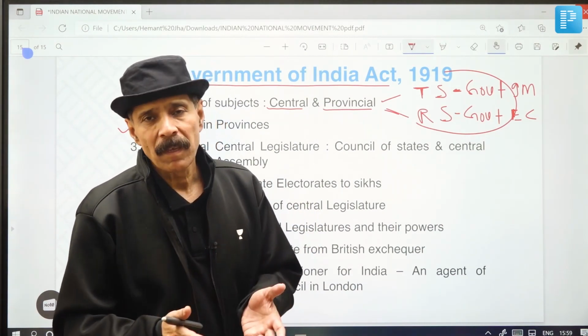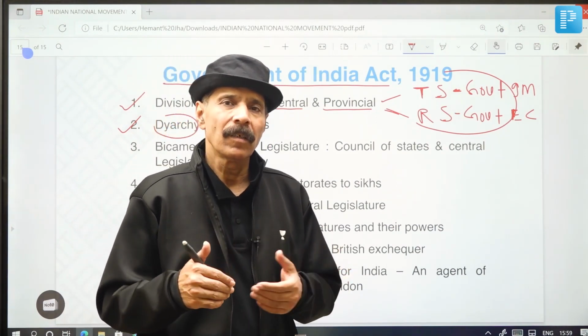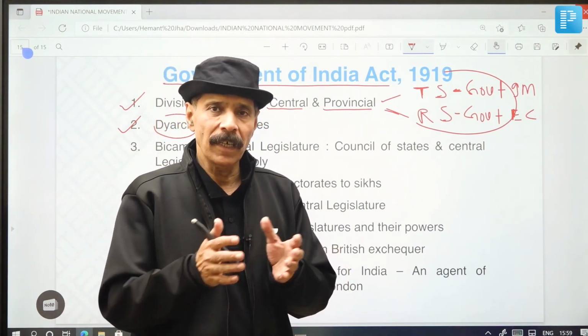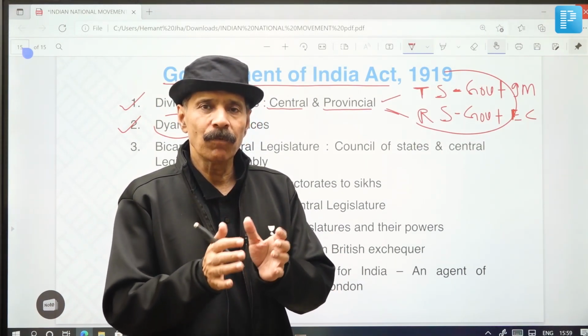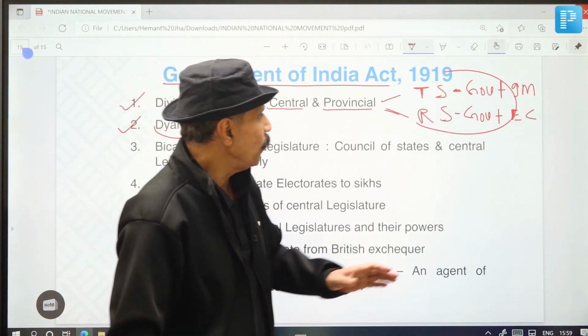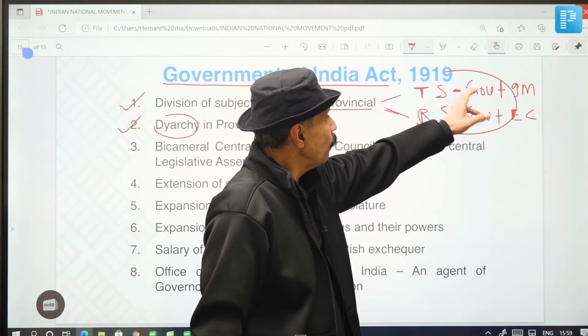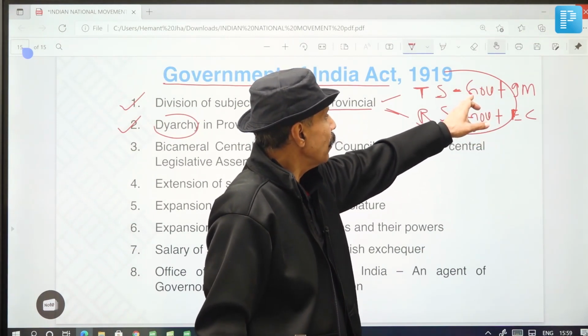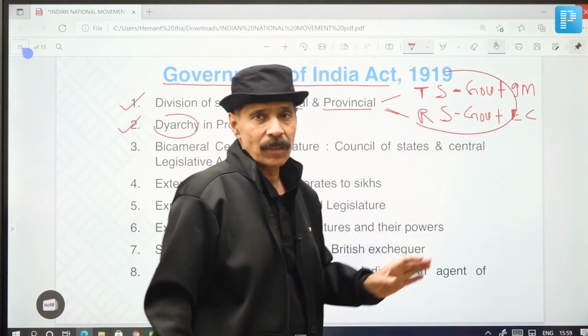This means the Indian parties would be fighting election, enter legislature, and the party or parties in majority would form the ministry. And these ministers will be the part of the provincial government with governor, and their jurisdiction were to be transferred subject only.